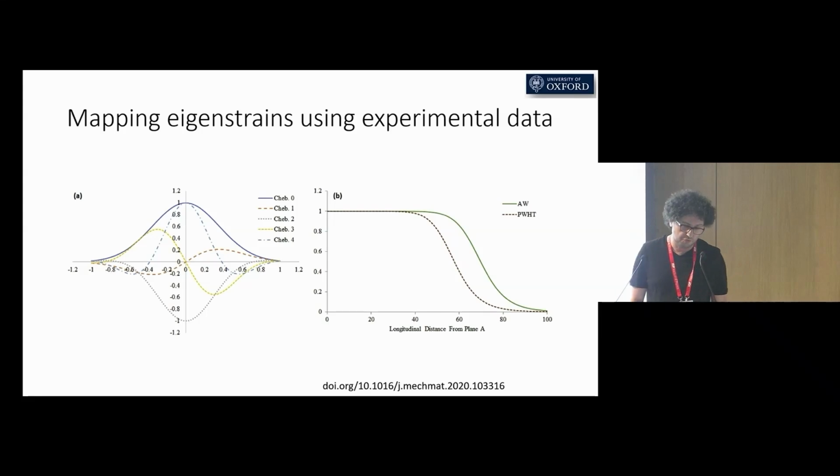How we do this in mathematical terms is that we use Chebyshev polynomials to map eigenstrains in the two-dimensional plane, and we use two additional guiding functions to focus eigenstrains in the weld beam.